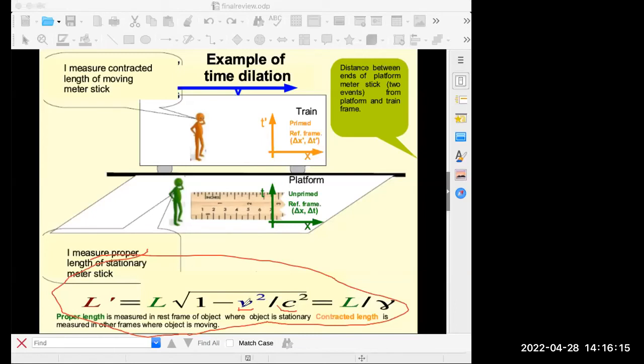So at everyday speeds, this quantity here is essentially zero, and they agree on the length. But if we were at relativistic speeds, where this factor here is not negligible, then there is significant length contraction. And that's shown on the next slide.